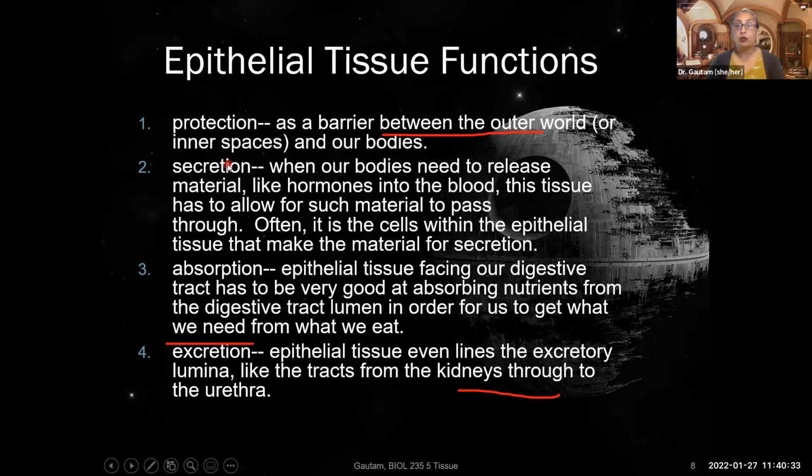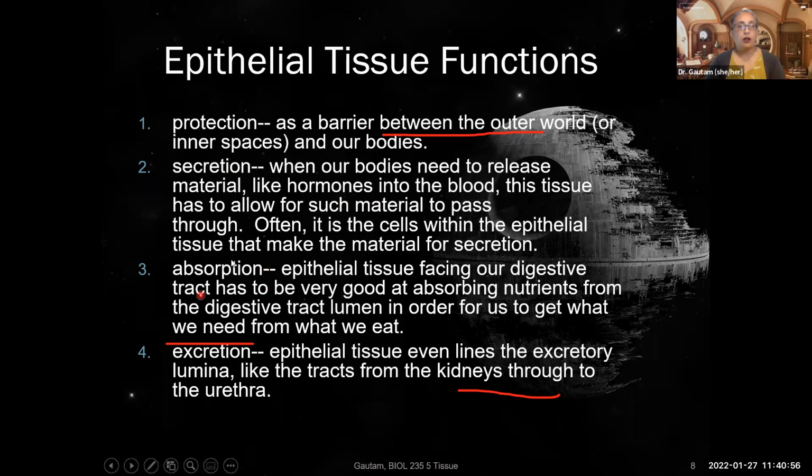Glandular epithelial main functions are for secretion, right? So these glands are going to secrete chemicals, and those chemicals can be part of the exocrine system or part of the endocrine system. Okay, so they secrete chemicals like hormones or enzymes to break down food particles within the digestive system, of course.